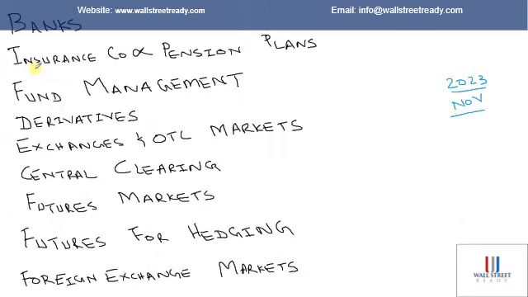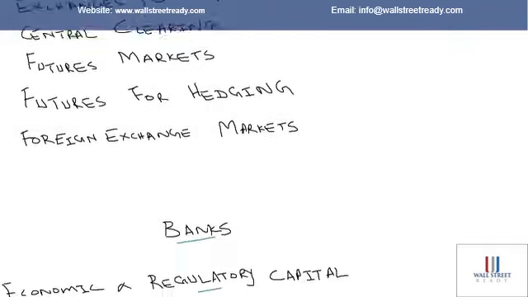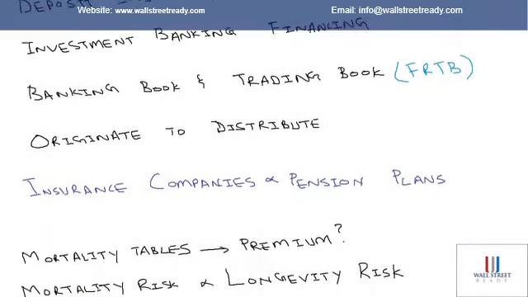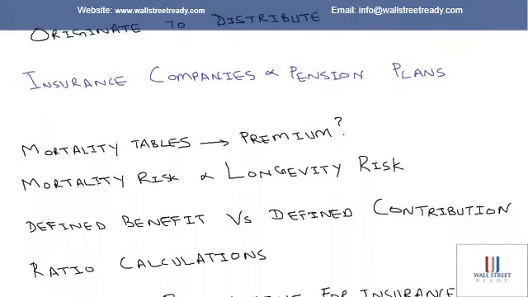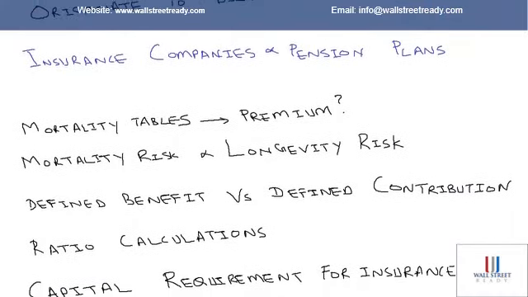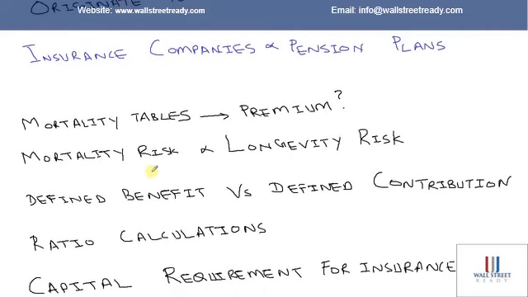Now the next one is insurance companies and pension plans. So in insurance companies and pension plans, we have something called mortality tables. Now, I would recommend spending some time on mortality tables to understand how they work.